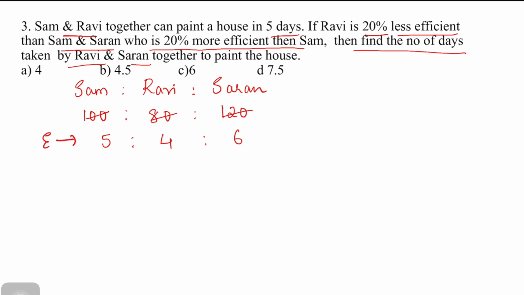Now we know that Sam and Ravi together can paint in 5 days. Then they are asking, Ravi and Saran will together paint in how many days?